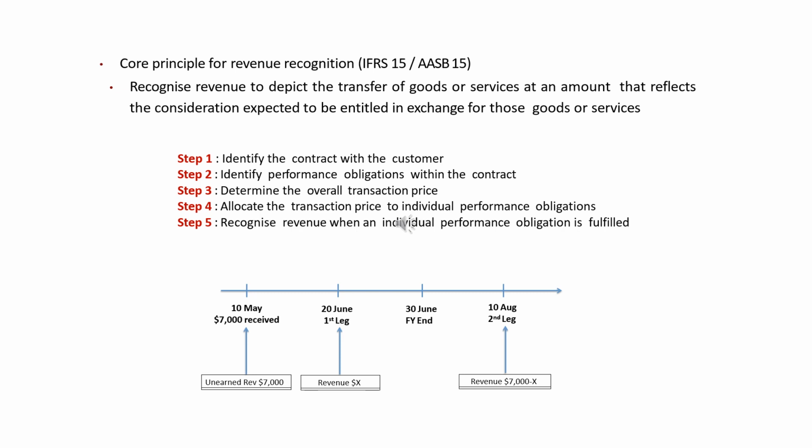On 20th of June, when the passenger took the first leg of his journey, a proportionate amount was recorded as revenue, let's say 3,500. When he completed his entire journey on the 10th of August, that's when the rest of the revenue was recorded. So 7,000 minus 3,500, another 3,500.